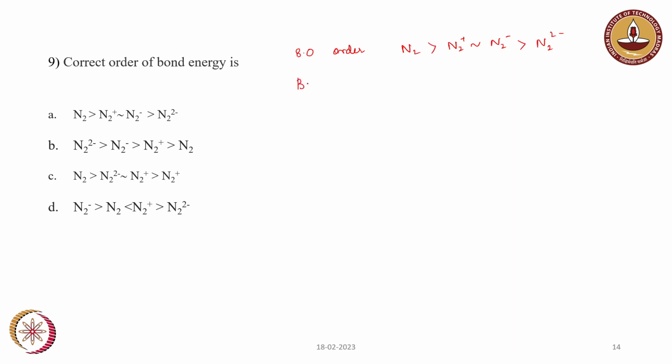Bond order is directly proportional to bond energy, so the same order will be followed for bond energy. So the answer is option A, N2 greater than N2 plus equal to N2 minus greater than N2 2 minus.